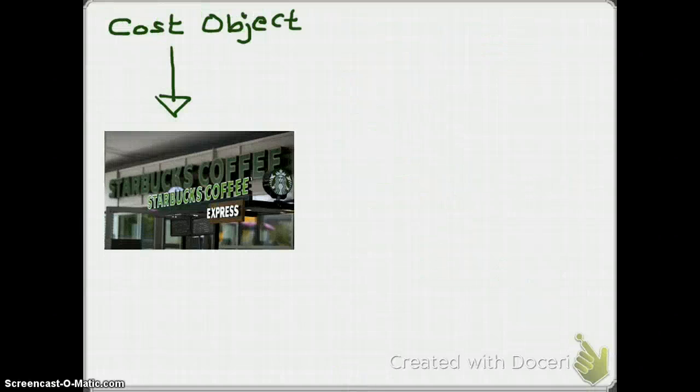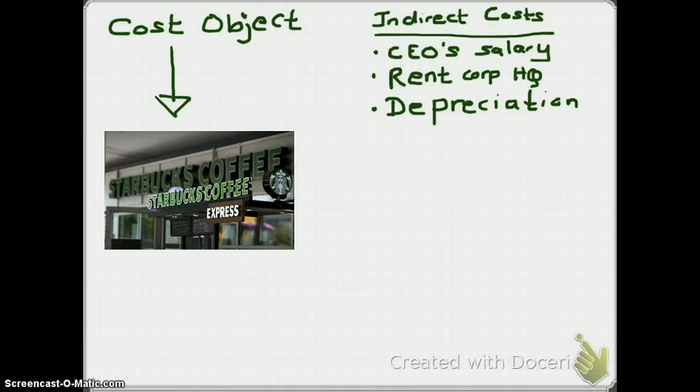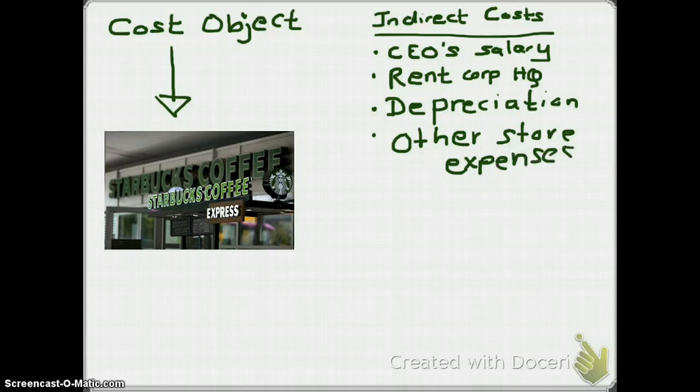Now, for our retail store as our cost object, let's look at what our indirect costs would be. Again, indirect costs cannot be traced to the cost object, so we're looking at the cost of items that we cannot trace to this particular Starbucks retail store. The CEO's salary is something we cannot trace. Same with the corporate headquarters rent, depreciation on machinery used at the corporate headquarters, other stores' expenses.